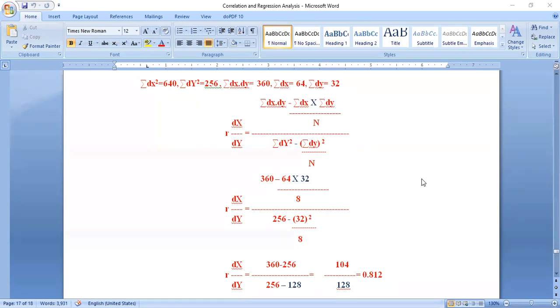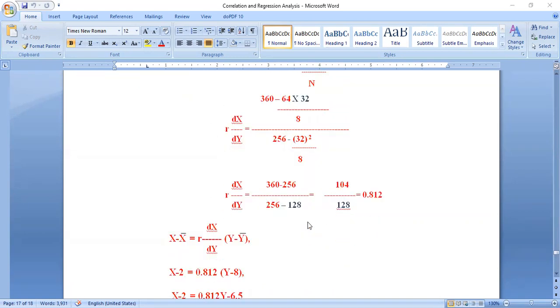Then, in the place of the values: 360 minus 64 into 32 divided by 8, over 256 minus 32 whole square divided by 8. Take the help of a calculator; it is very easy for calculation.